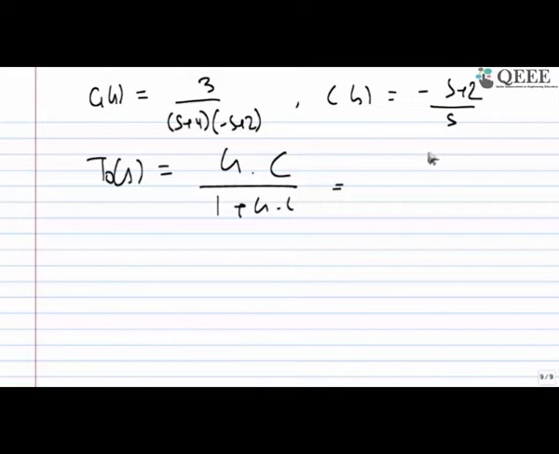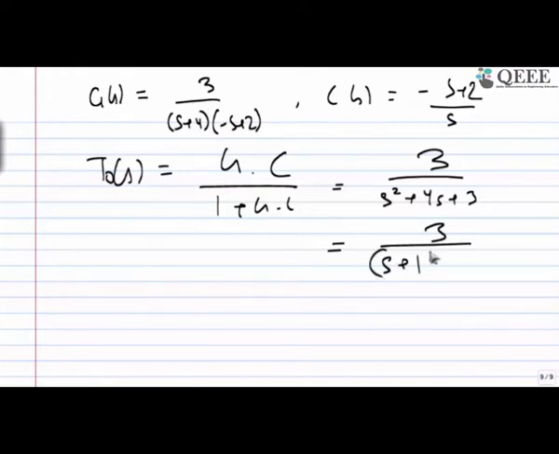What is this T naught? It is 3 over s plus 4. So the denominator, what you are getting, is s square plus 4s plus 3, and this you can write as (s plus 1)(s plus 3). And this is my T naught of s.